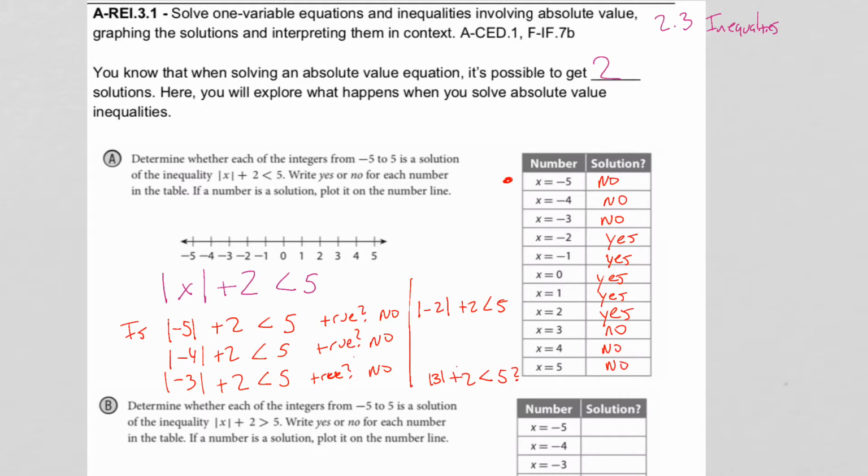So when it comes to which points work on this number line, this integer works, this integer works, that integer works, that integer works, that integer works. 3 is the one that doesn't work, and that integer works.